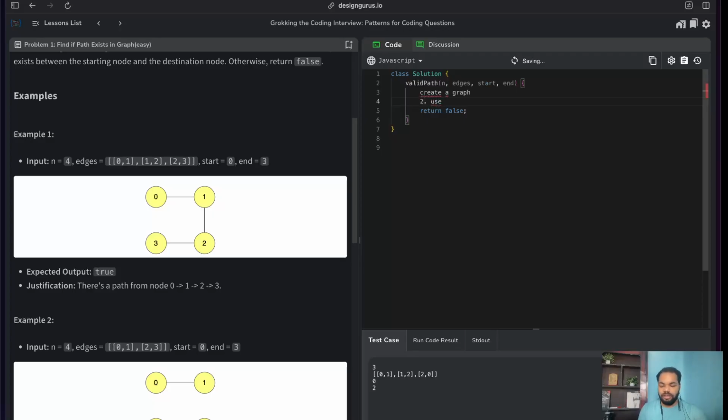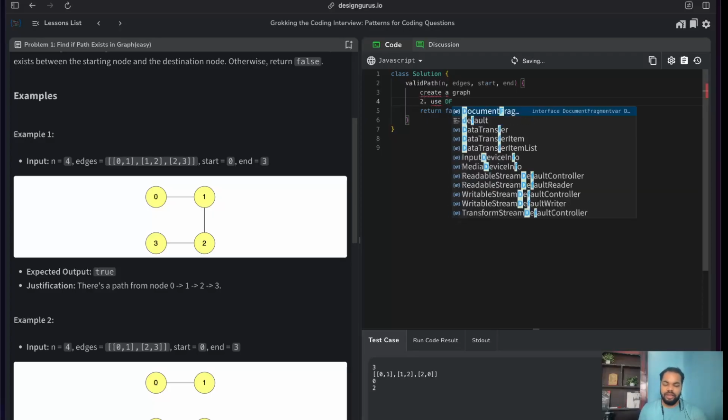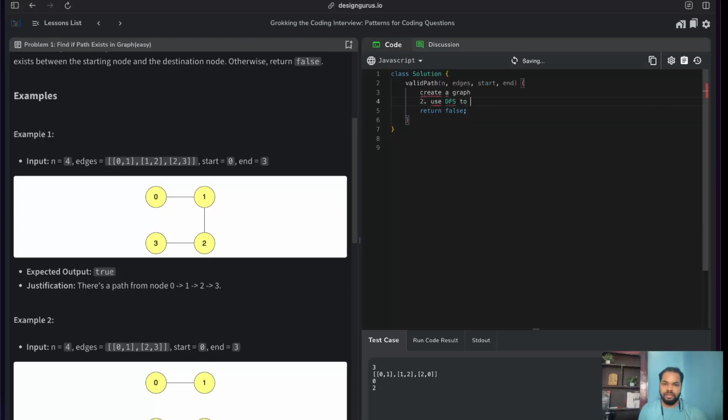Use, okay, let's use DFS right now. DFS to find the, okay, start node I know. So I will search from the start. Okay.